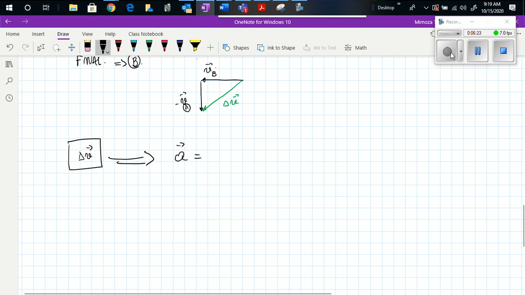Even if you think of the formula, acceleration is the change of velocity over the time that this change is happening. This change of velocity can be as a result of the change of the magnitude only, the change of direction only, or the change of magnitude and direction.